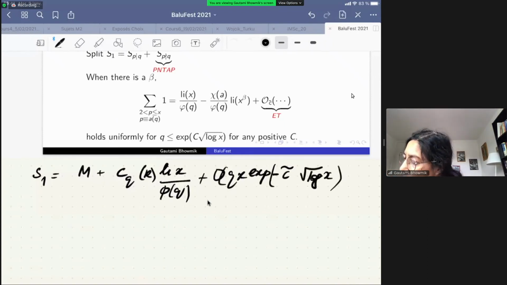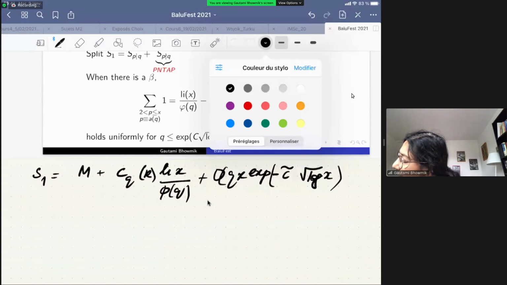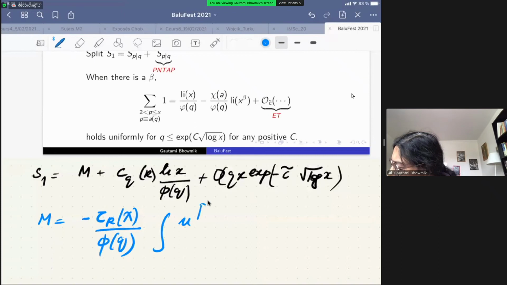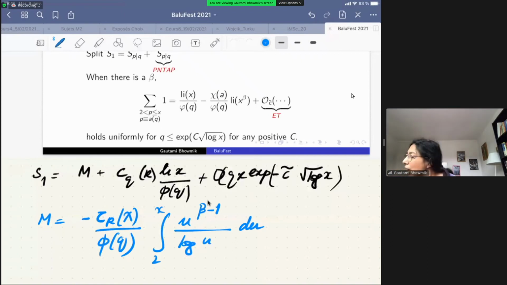So what is m? M is equal to, and here comes the Gauss sums. And you get an integral to x. Okay. So this is a Gauss sum, and this you cannot see. So here is the Ramanujan sum, and here is a Gauss sum.